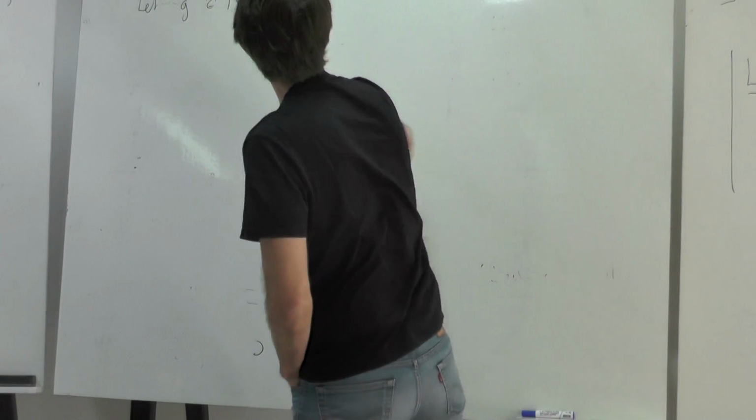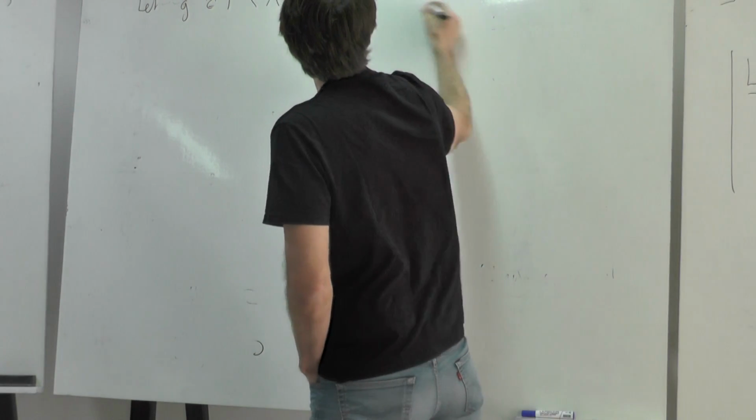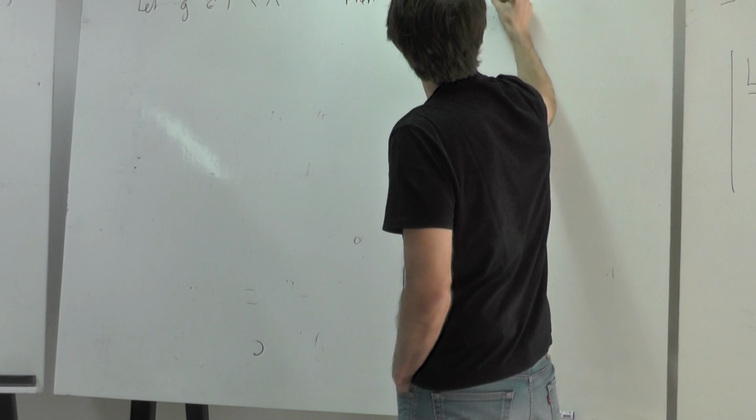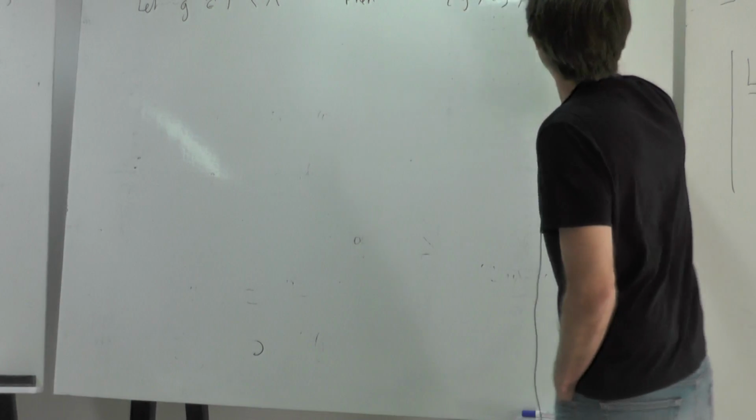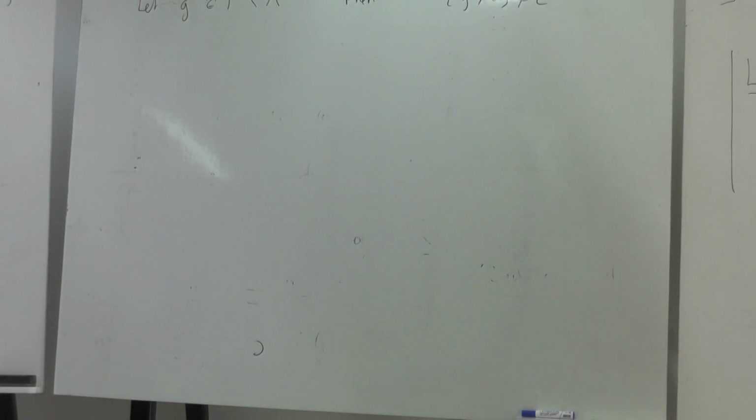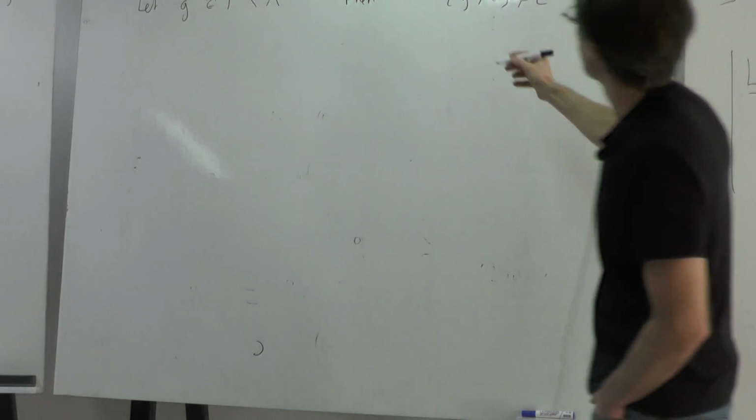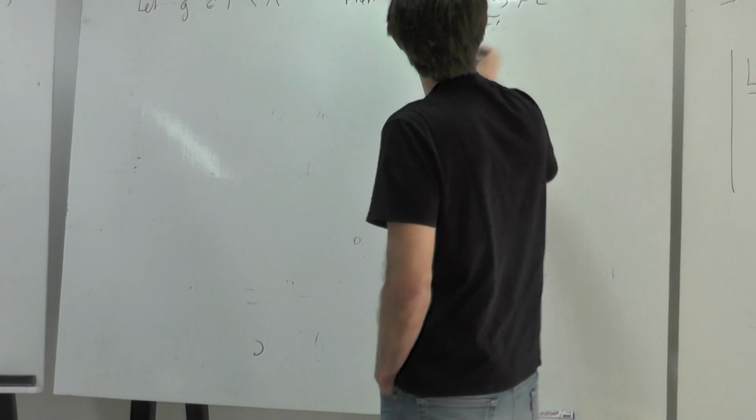If g prime is not in lambda prime, this means that the commutator of g prime and tau is non-trivial. And of course, this belongs to gamma prime.